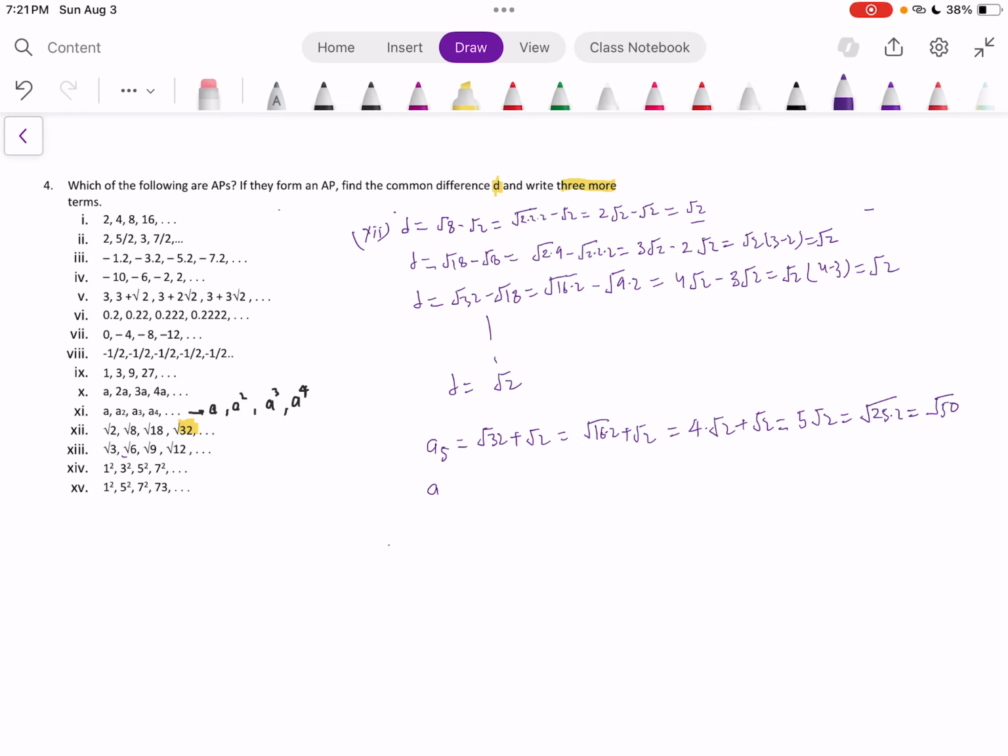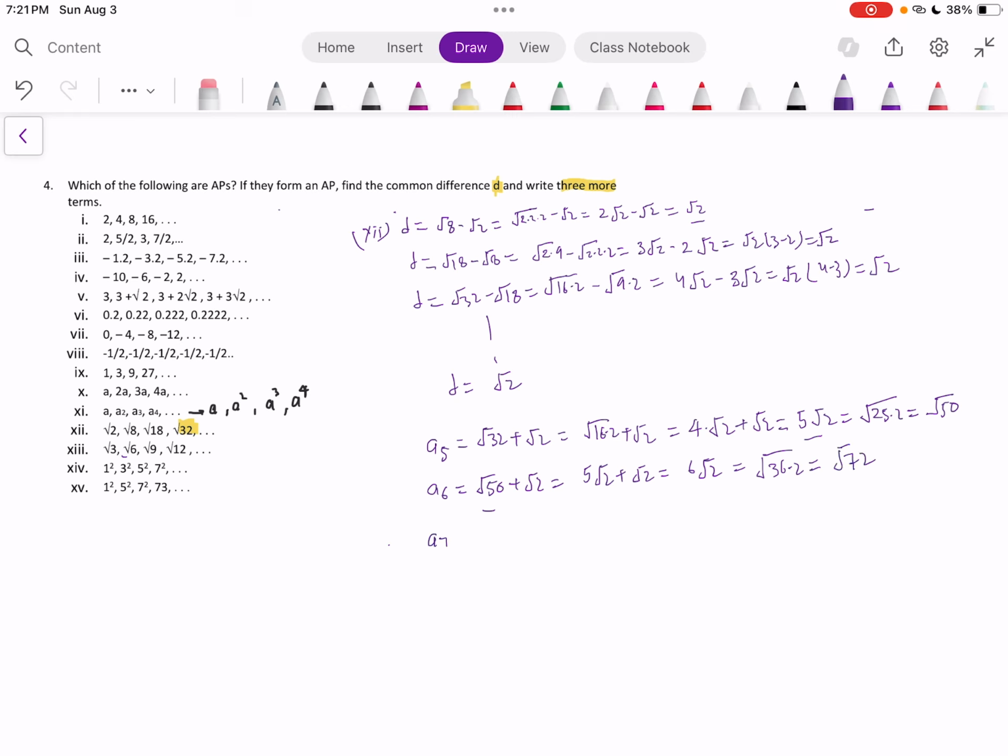Now a6 is going to be square root of 50 plus square root of 2. So square root of 50 you know is 5 times square root of 2. 5 times square root of 2 plus square root of 2 is going to be 6 times square root of 2. If I move 6 inside the square root, then it's going to be 36 times 2, square root of 72.